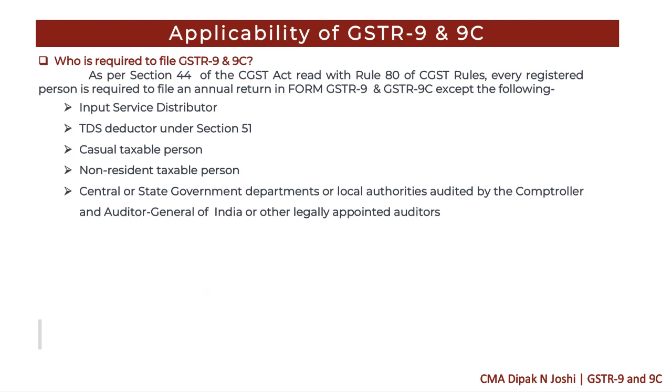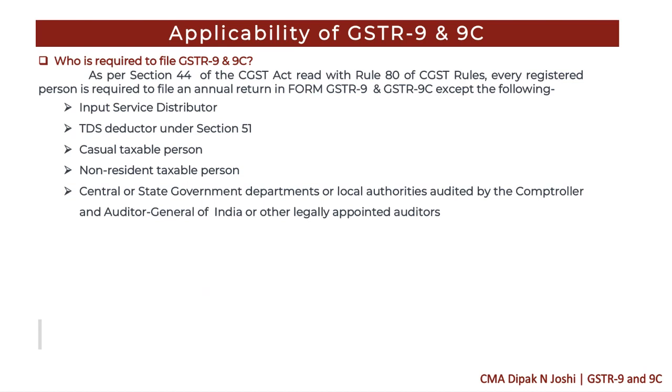All persons other than this category are required to file form GSTR 9 and 9C before 31st December of the next year. So for financial year 22-23, 31st December 2023 is the last date.